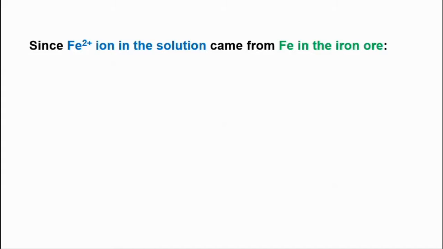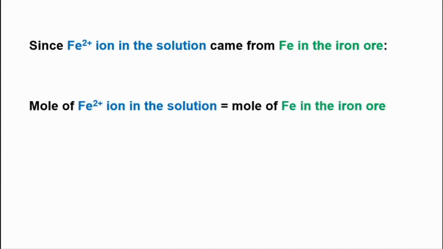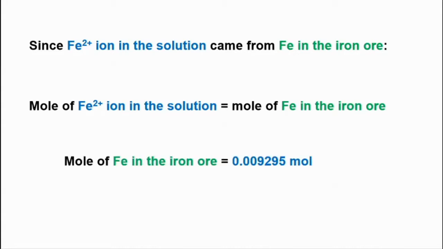So the moles of iron in iron ore and the moles of iron 2 in the solution are the same number of moles, which is 0.009295 mole.